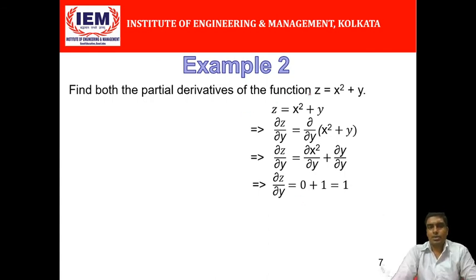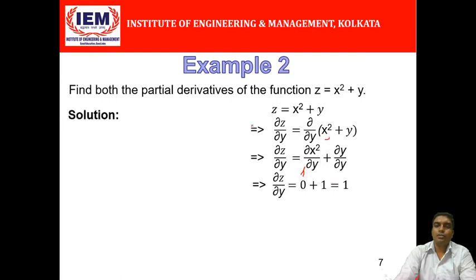Suppose we have the function z equal to x square plus y, and I have to find the partial derivatives. First, I find the partial derivative with respect to y. Here I will treat x as constant, so this term will be 0 and this term will be 1.